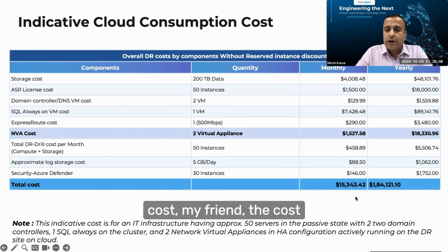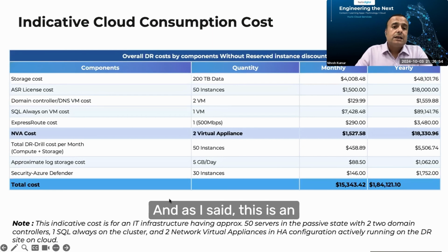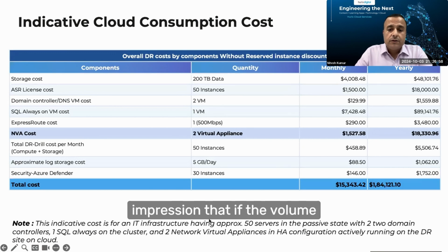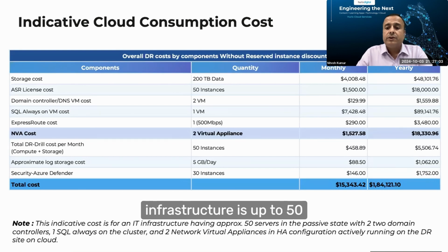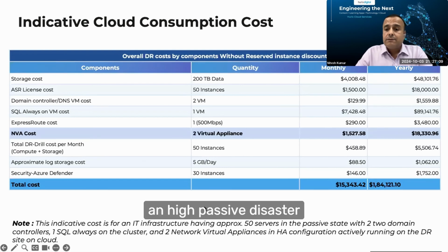So if you look at the cost, my friend, the cost will be $15,343. And as I said, this is an indicative cost under the impression that if the volume of customer on-premise infrastructure is up to 50 servers and certain related IT components, then building a passive disaster recovery site on Azure will be costing approximately $15,000 per month.